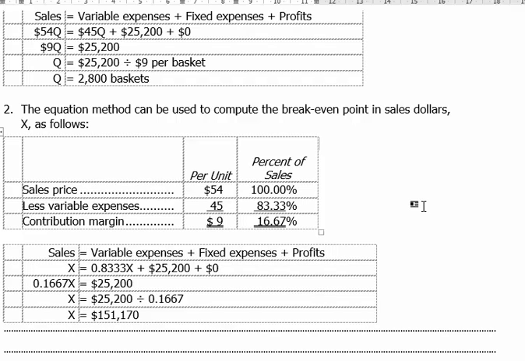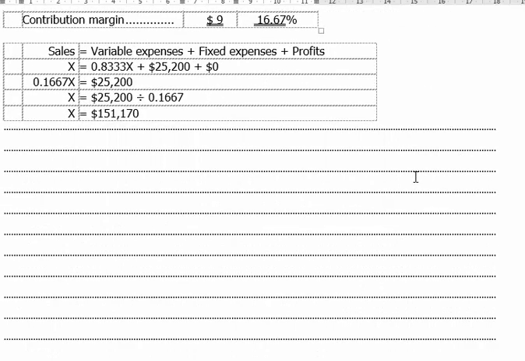Okay, now moving on to requirement number 3. Compute the company's break-even point in unit sales using the contribution margin method. And that is fixed cost divided by contribution margin per unit. And we said fixed costs were $25,200.